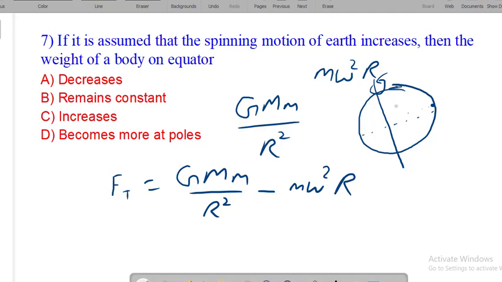Now as the spinning motion increases, omega increases. As omega increases, the total force decreases. Okay, so the force, which is the weight, decreases. So when the spinning motion of Earth increases, the weight of the body on the equator also decreases.